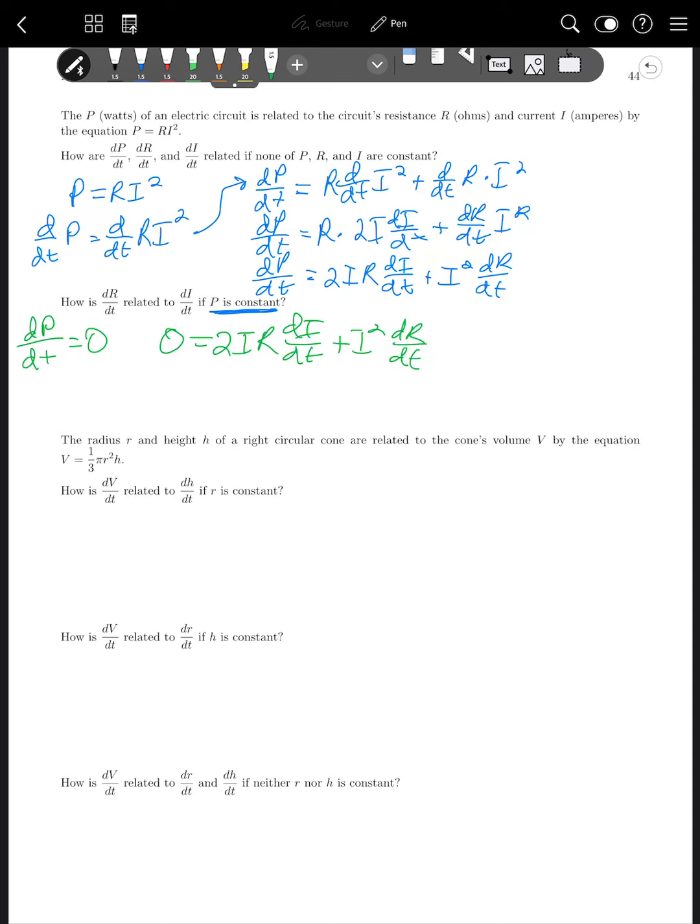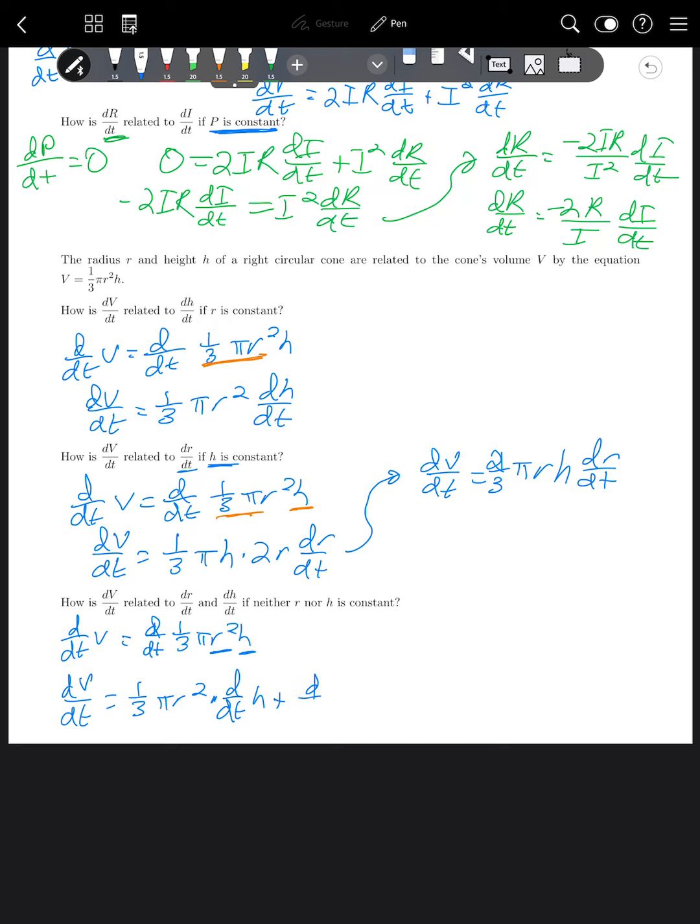Okay, and then if neither of them are constant, then we're going to have to use the product rule. So we set it up the same way that we've done the other two. But now there are no constant multiples, so these two things are being multiplied together, so I need to treat them as such. So I need to use the product rule. So we do dV/dt equals the first thing, 1/3 pi r squared, times the derivative of the second thing, plus the derivative of the first thing times the second thing.